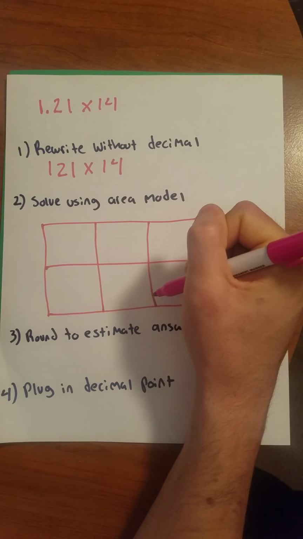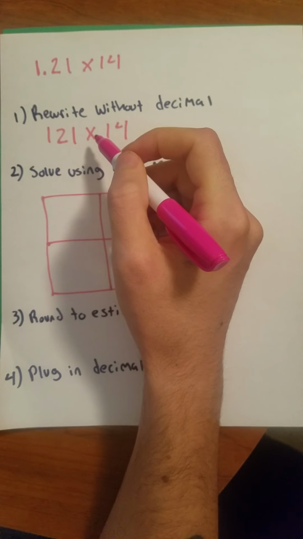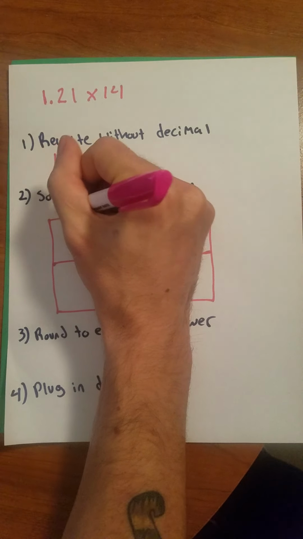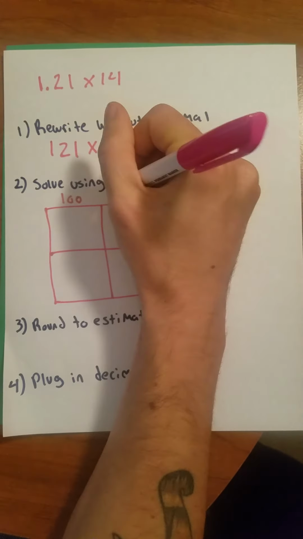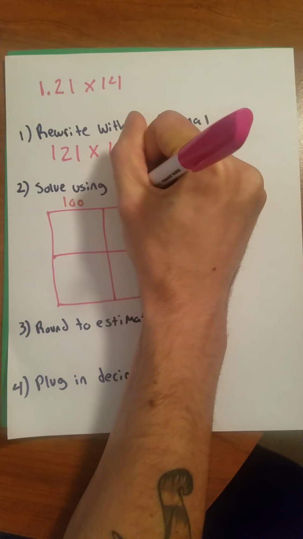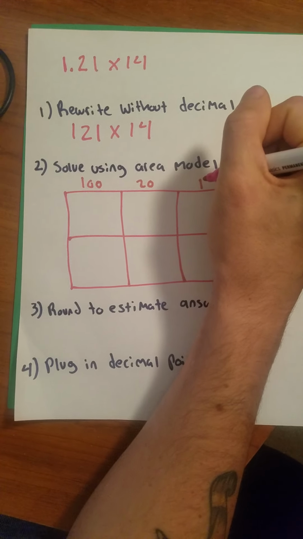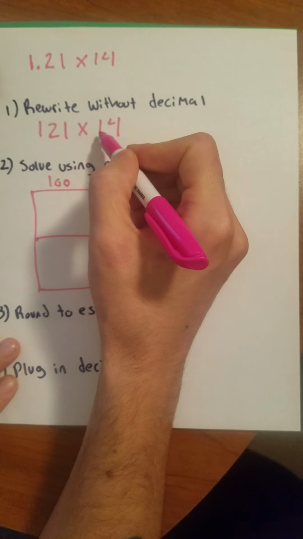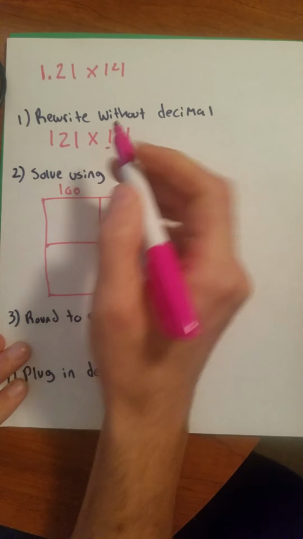Now remember, in the area model, we're going to break each number down into its place value. So 121 can be broken down into 100, 20, and 1. 14 can be broken down to 10 and 4.